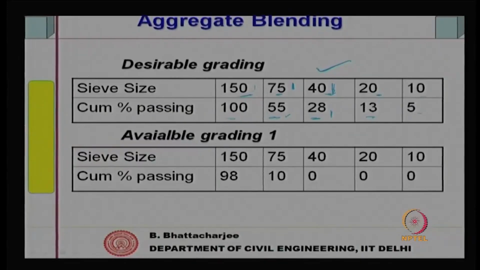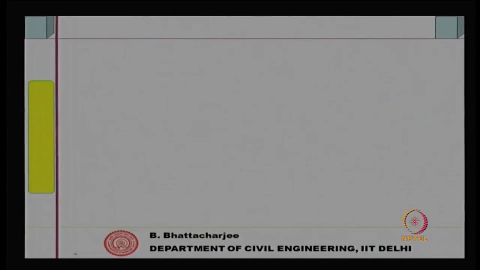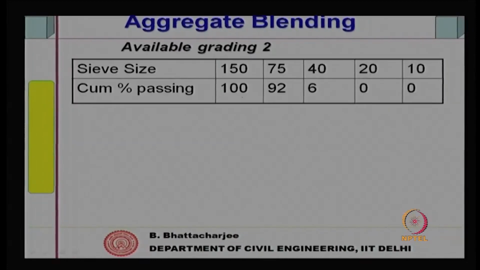What is available to me is 98% passing through 150, 10% passing through 75; this is grading 1, and nothing passes through the smaller sizes. I have a second aggregate: 150, 100%, 75, 92%, then 46%, nothing through 20 and 10.